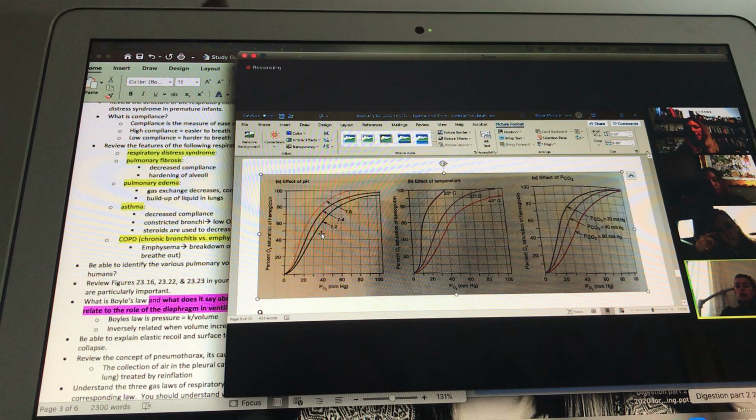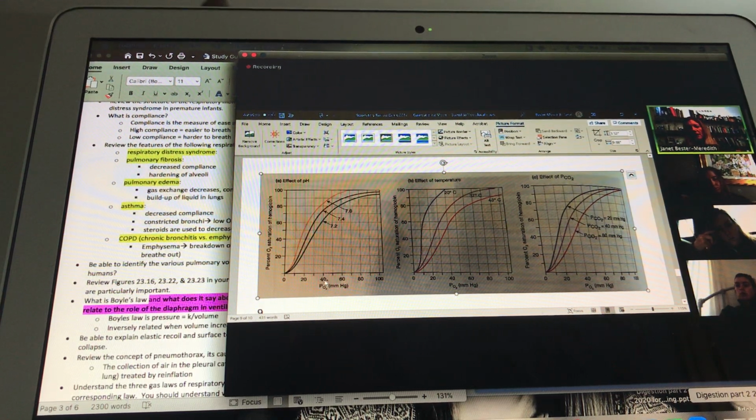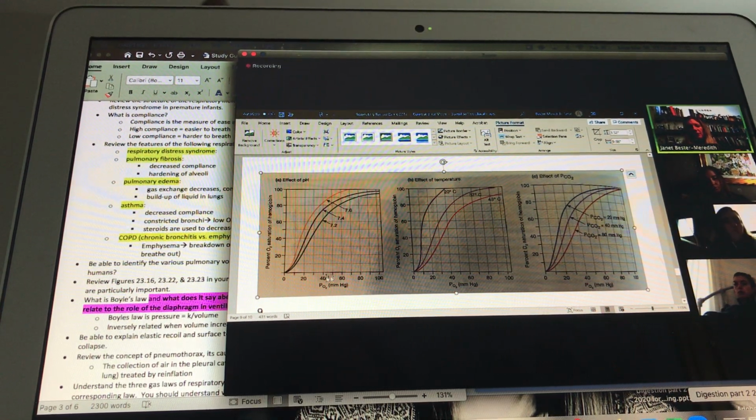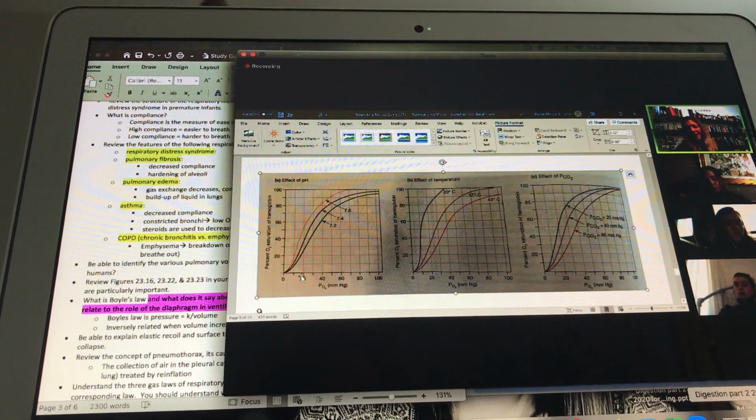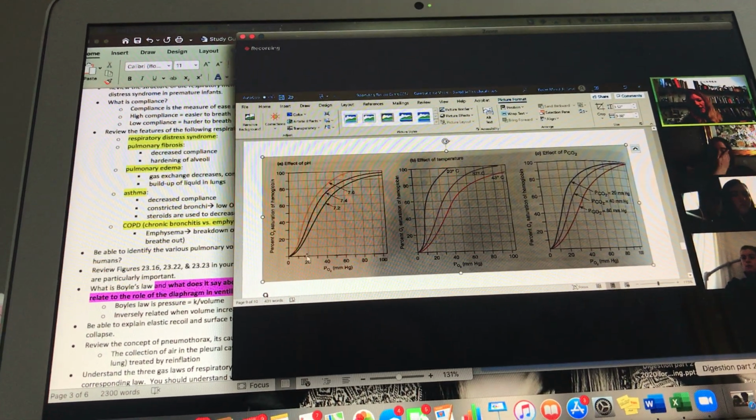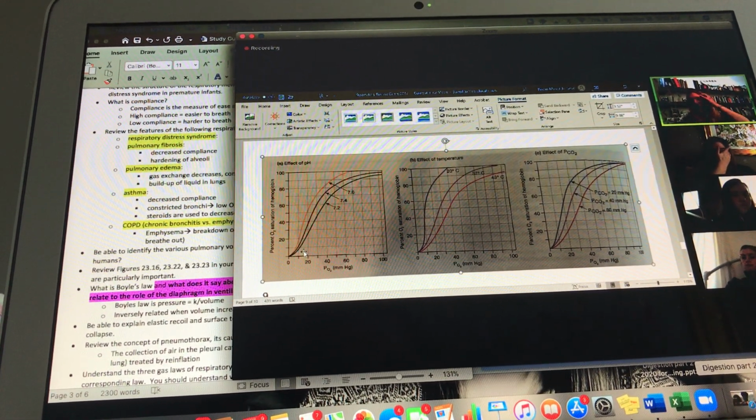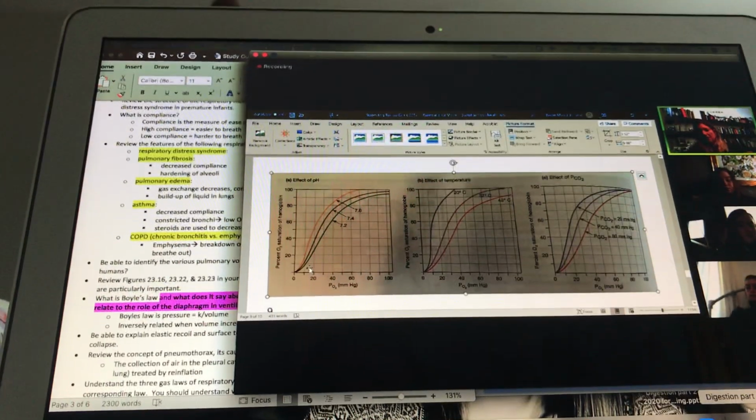Because if we have a partial pressure of oxygen of, let's pick a low one, like 20, that's an area that needs oxygen, right?